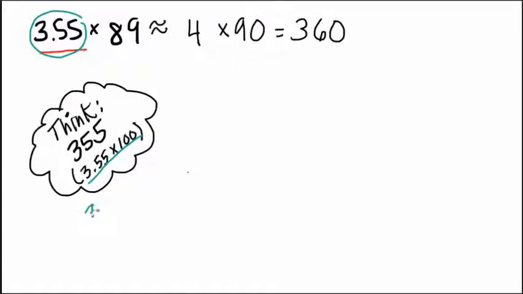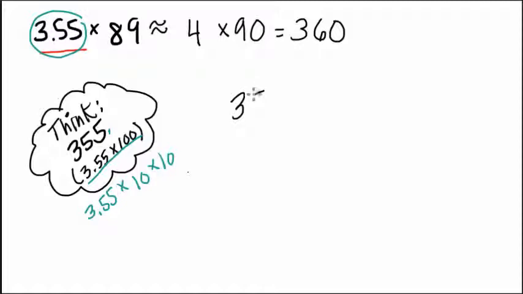The other way you can look at it is 3.55 times 10 times 10, because every time we do that, the decimal moves over one place. In this case it will move all the way to here, which is what we want. Depending upon where the decimal is, we want to get rid of it, so it's easier and less likely for us to make a mistake.